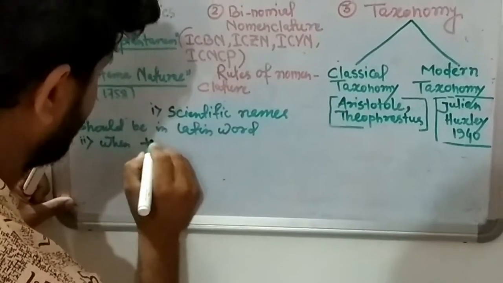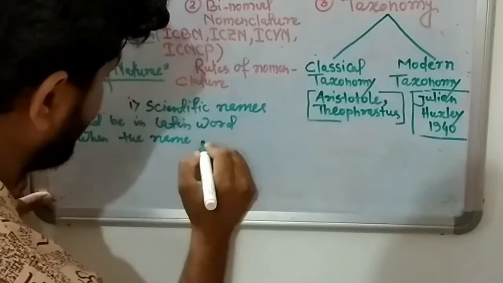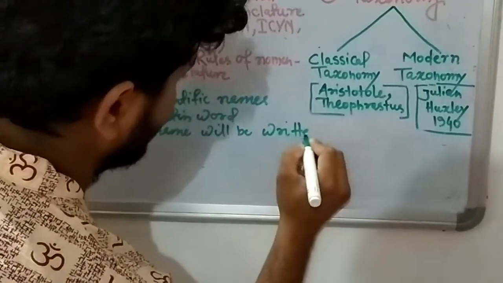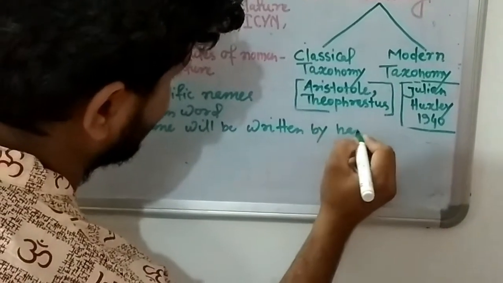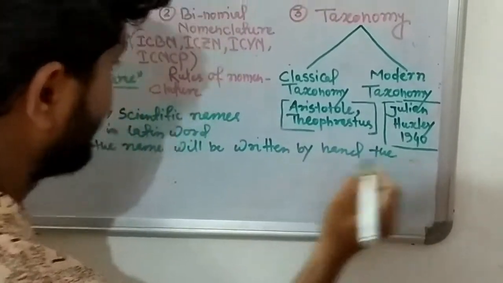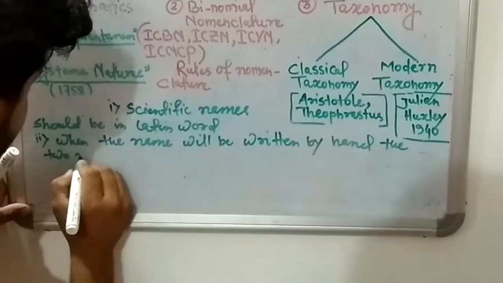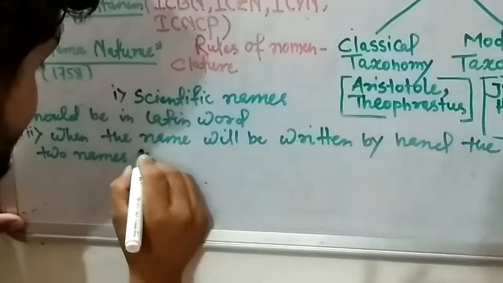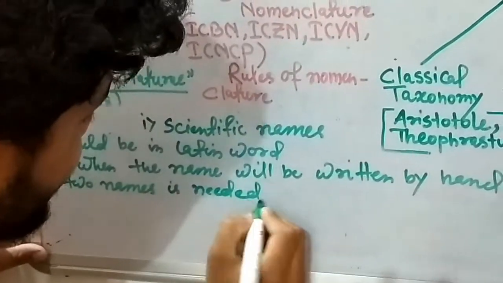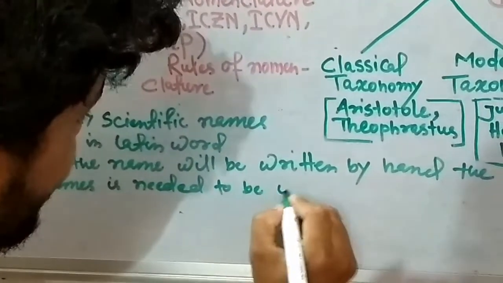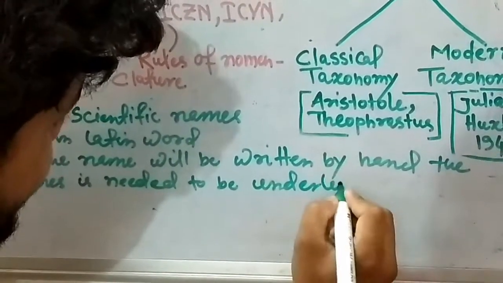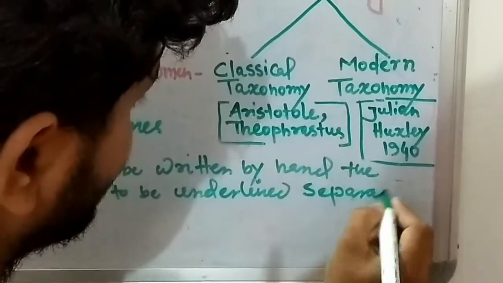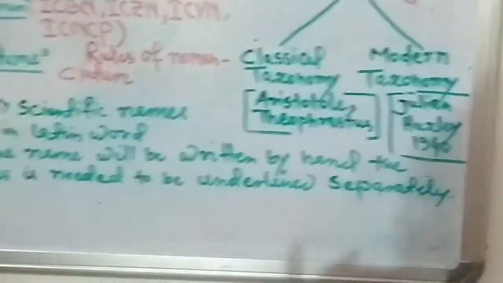When the name is written by hand, the two names need to be underlined separately. Okay.